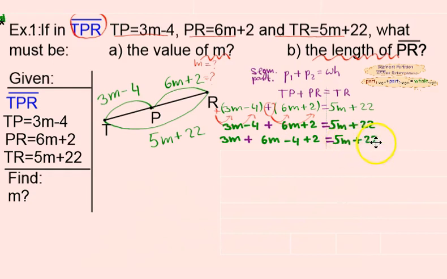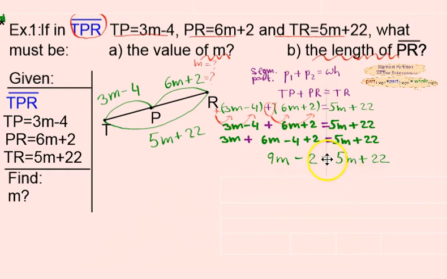So I cannot simplify the right side. But right here on the left, 3m and 6m produce 9m, whereas minus 4 plus 2, double check with the calculator, will produce minus 2. And of course, the right side will have no change.